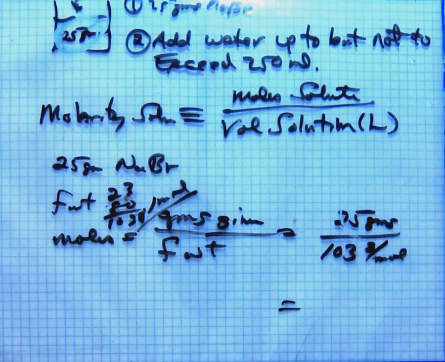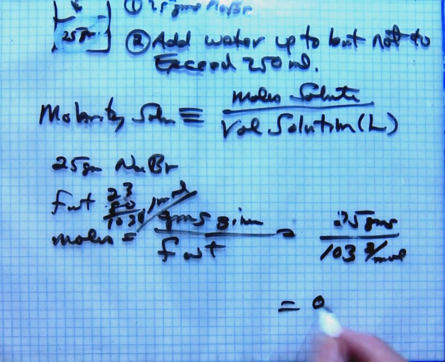Now we start using the calculators. I ought to get glasses. I'm tripping over myself. Well, that's dead. Okay, so we have 25 grams. I'm going to enter 25 in the calculator divided by 103 equals 0.243.